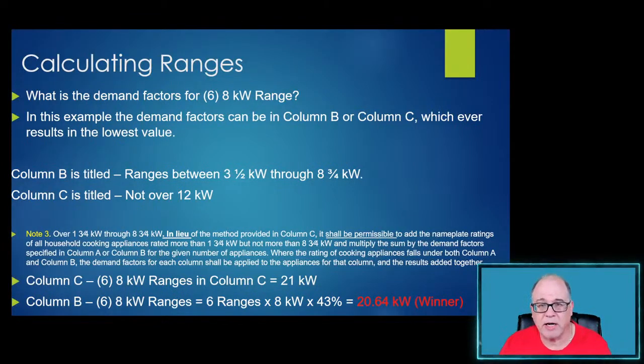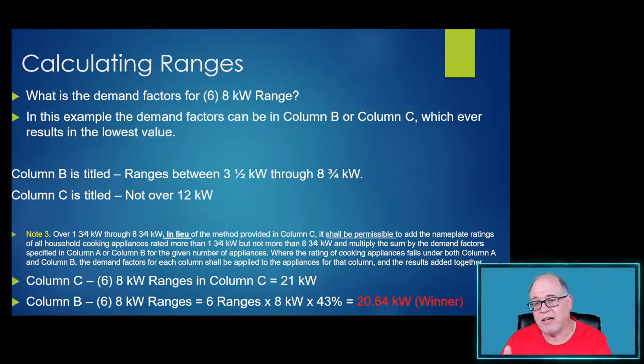But it also falls under column C, because each of these individual ranges doesn't exceed 12, so it most certainly falls under column C, right? Makes sense? Okay. So we don't have to read note 3 again. We have a firm understanding of how that works. So in column C, they have 6 8 kW ranges.